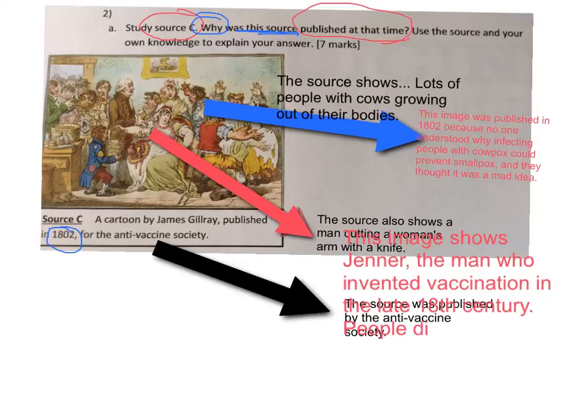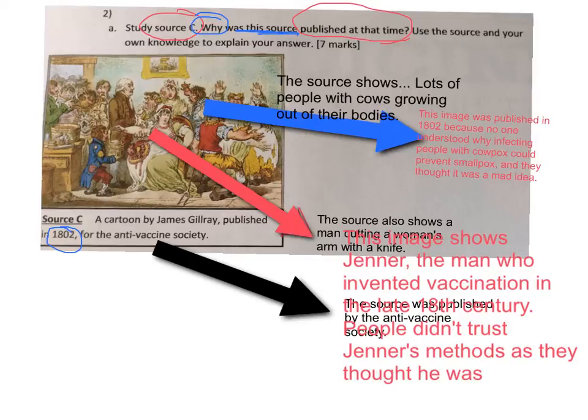People didn't trust Jenner's methods, as they thought he was an unknown country doctor and he couldn't explain why his vaccine worked.